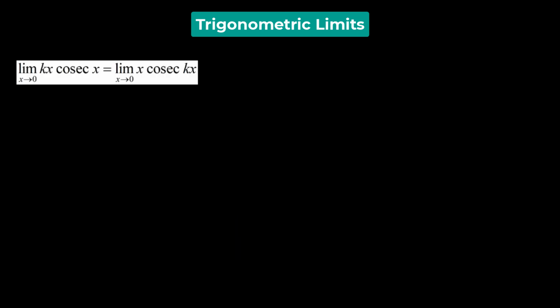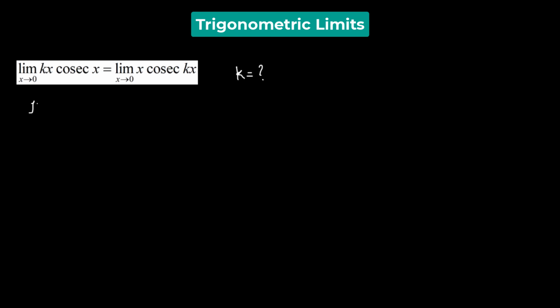So in this particular question, it is given that the limiting value of the function kx times cosec x equals the limiting value of the function x cosec kx. In both the cases, x approaches 0. So we have to find the value of the constant k. So let us begin.